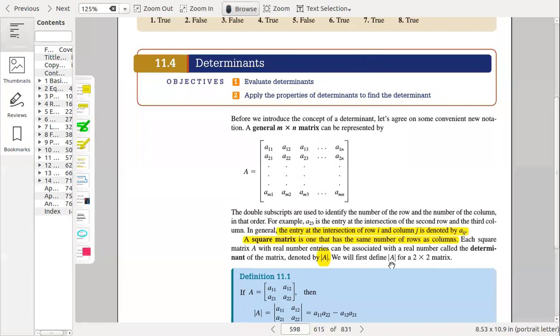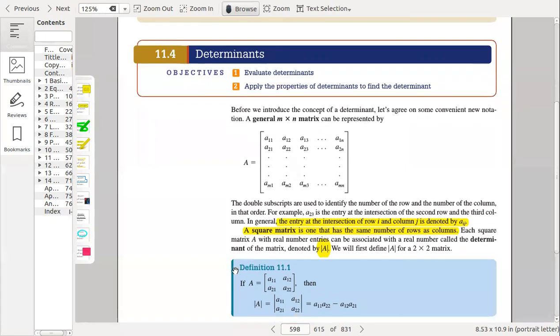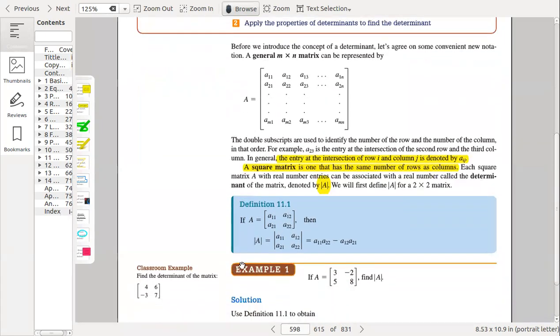We will first define the determinant of a 2 by 2 matrix, which has 2 rows and 2 columns. What is the definition? If A is the matrix with rows A11, A12 and A21, A22, this is a matrix of order 2.